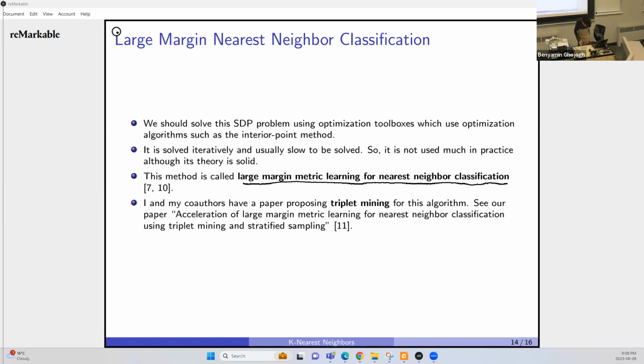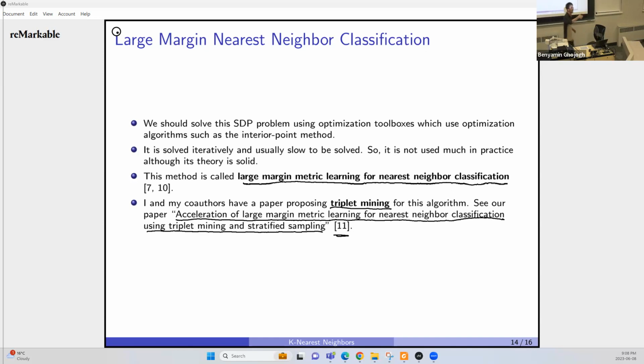Okay. By the way, my co-authors and I have a paper proposing triplet mining for this algorithm. You can take a look at reference 11. It's called acceleration of large margin metric learning for nearest neighbor classification using triplet mining and stratified sampling. What do I mean by triplet mining? Do you remember triplets: anchor, positive, negative?